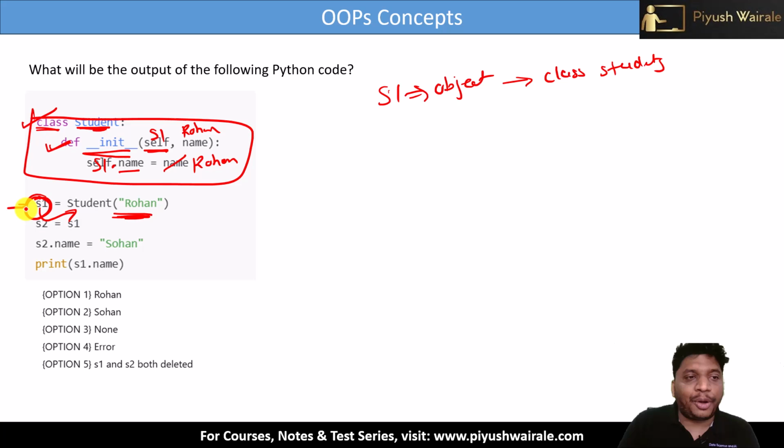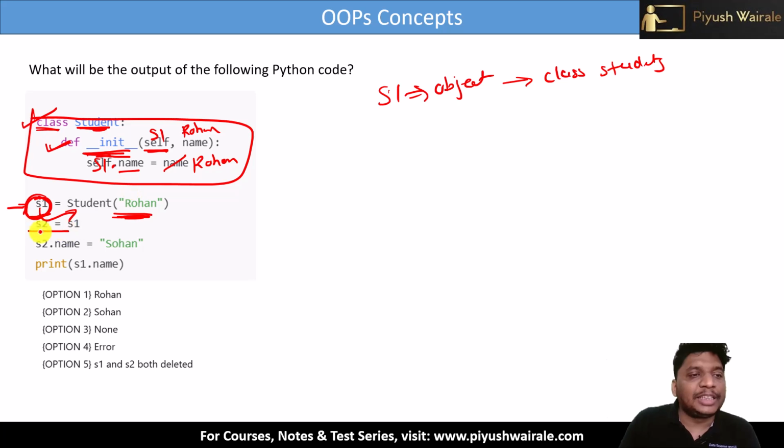So at this point, S1.name is Rohan. S1 is an object belonging to the class Student, and when we create this object, the constructor __init__ automatically gets executed. Here self means that particular object, and name is the parameter we have passed into the Student class. So now S1.name equals Rohan.